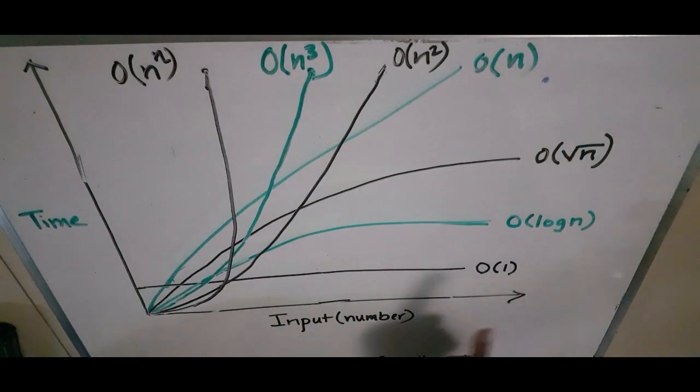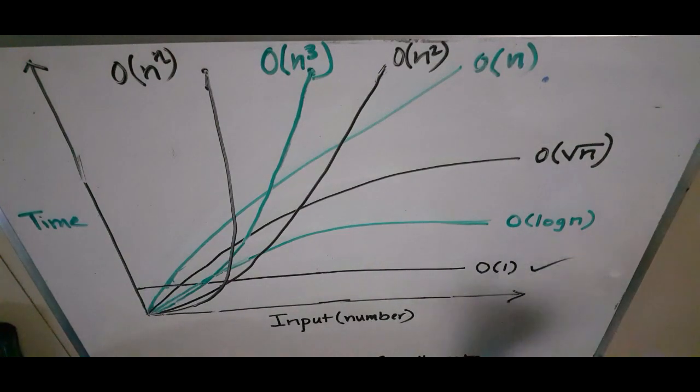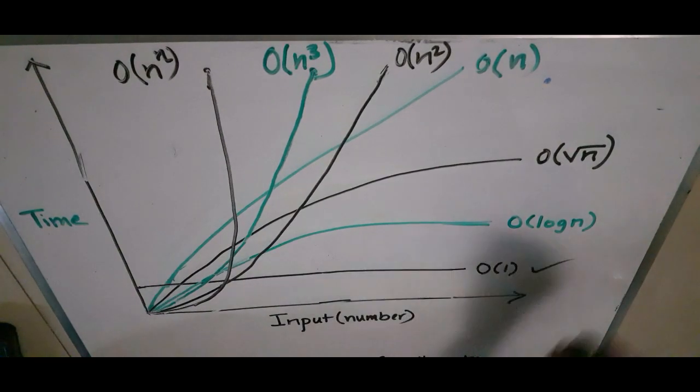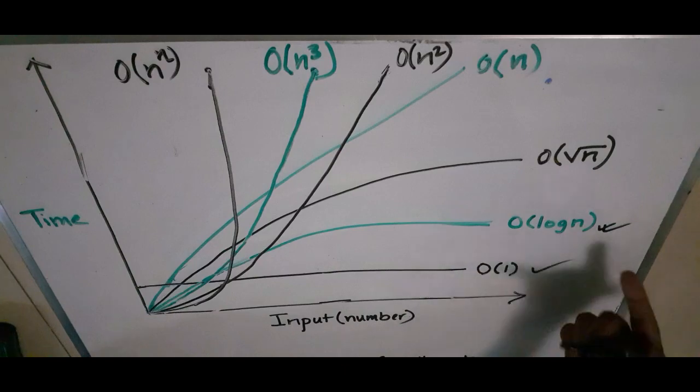It actually depends on the growth rate. The less the growth rate, the better the performance, or the better the time complexity is. In this case, the graph shows us this one is the best in terms of time complexity. Then comes this one, in second position.